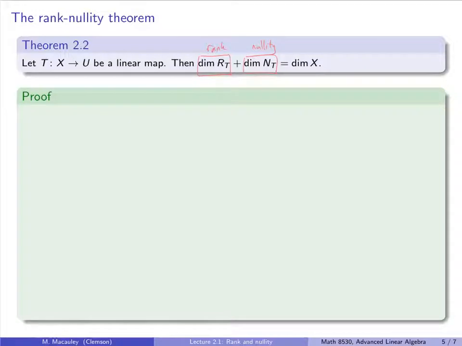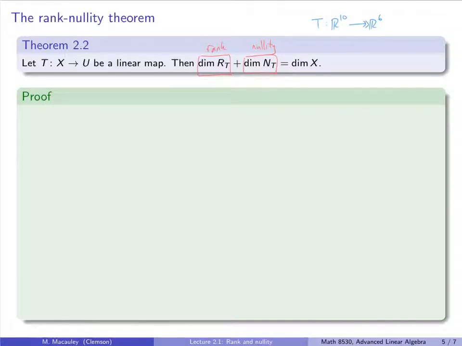One way to think about this is if T goes from R10 to R6, and let's say it is onto, so the image is all of R6, then you're starting with 10 dimensions, the rank in this case is 6-dimensional, and the nullity has to be 4 dimensions. So out of 10 dimensions, 6 of them persist, and 4 of them get collapsed.